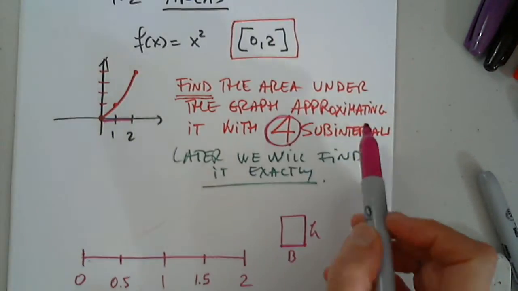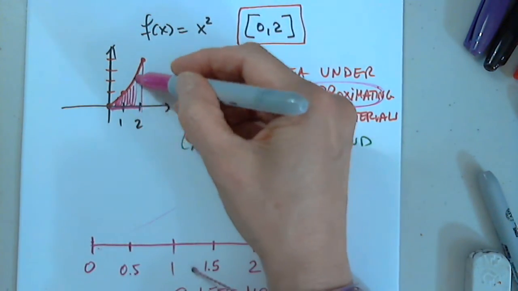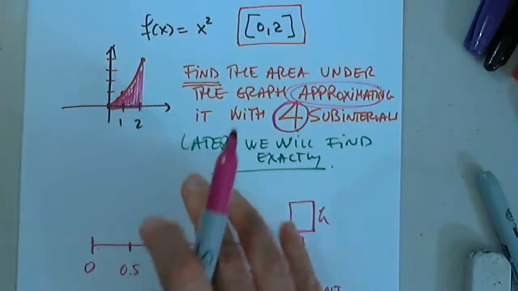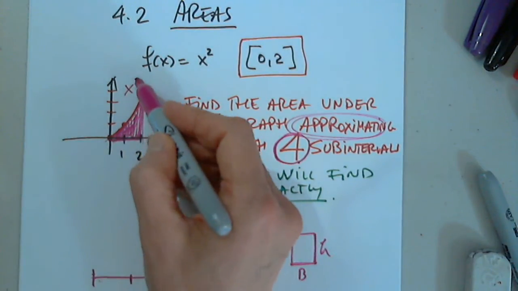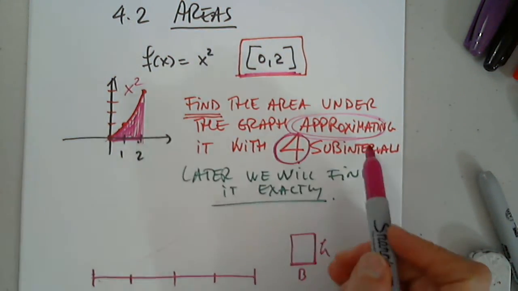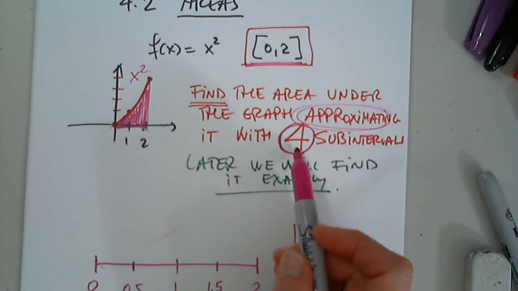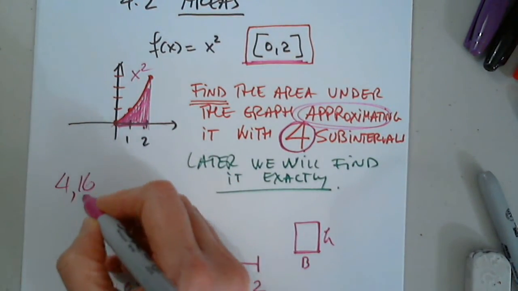So we can approximate this area under the graph between the x-axis and the graph of x squared, clearly only between 0 and 2. We can approximate it using 4 subintervals. You can say, why 4? Why not 16?